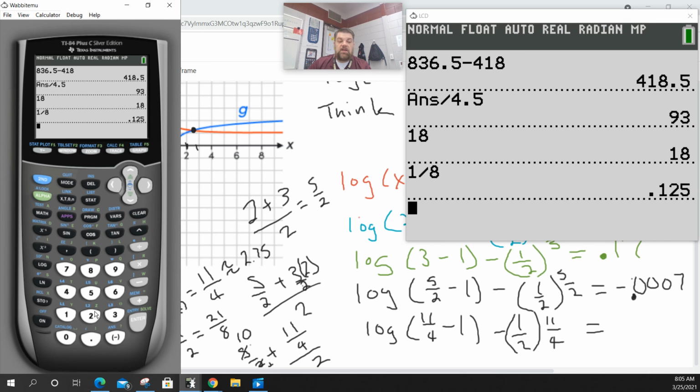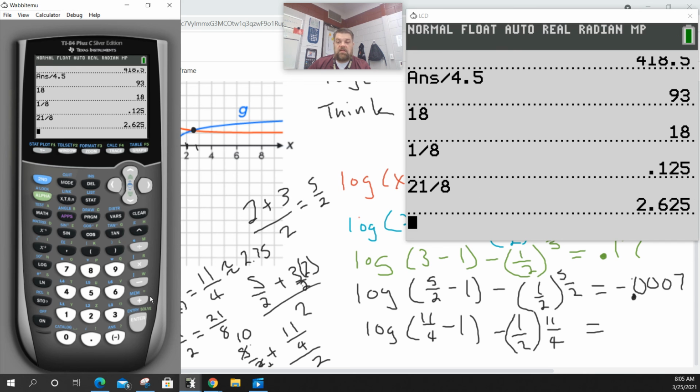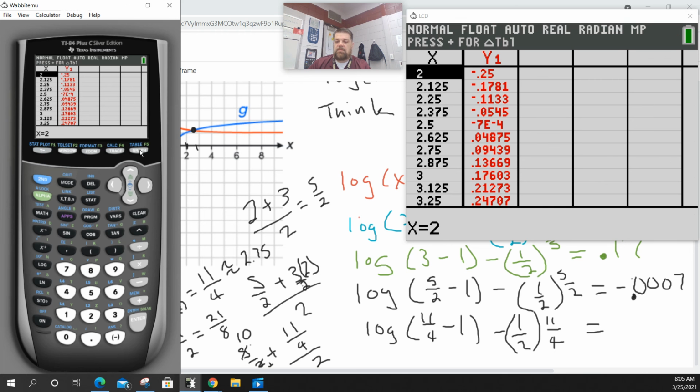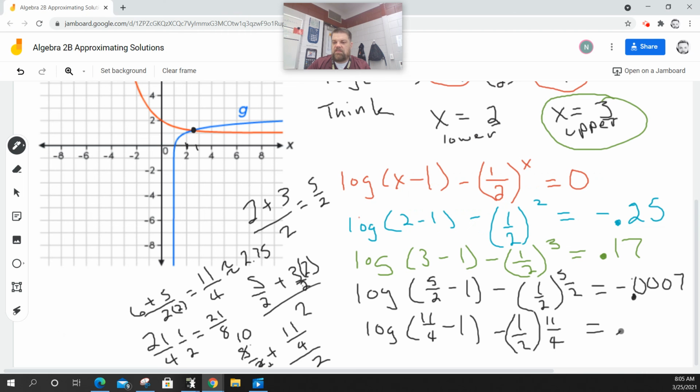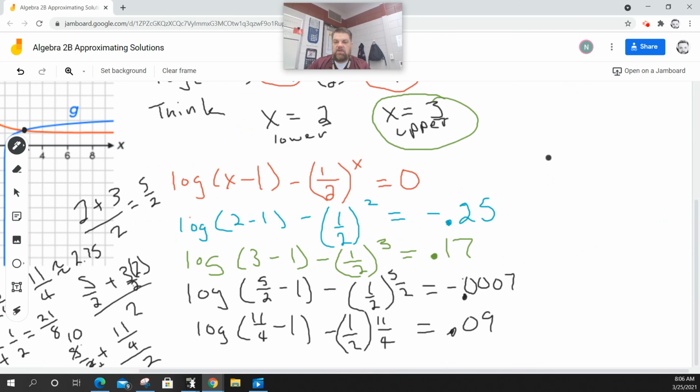Now 21 divided by 8 gives me 2.625. So that's what we're going to look for on our table of values. Okay. Oh, I forgot to write this one down. The 2.75, this was 0.09, which was positive.